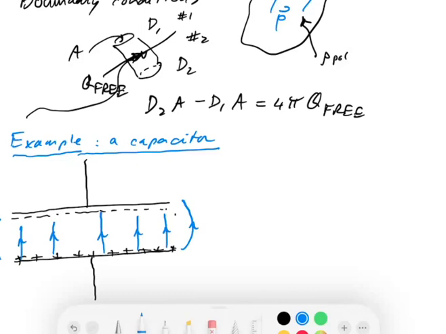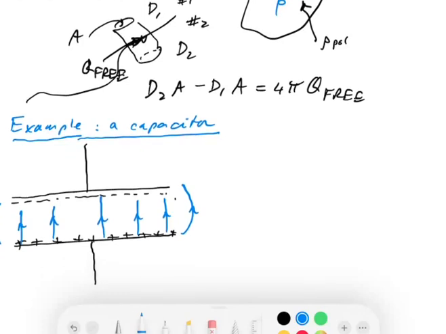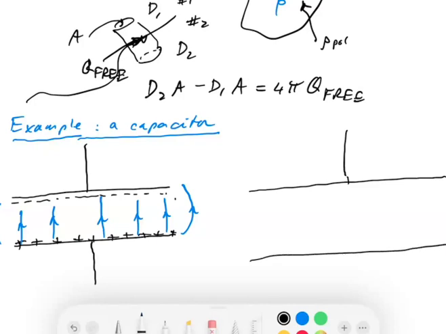But I'm going to let you think about the following: what this thing looks like when you add a dielectric material. So we're going to have the same capacitor, but now in this capacitor we're going to have a dielectric material that sits here. So just a slab. Let's say it's a piece of glass or something. So this is a dielectric material.